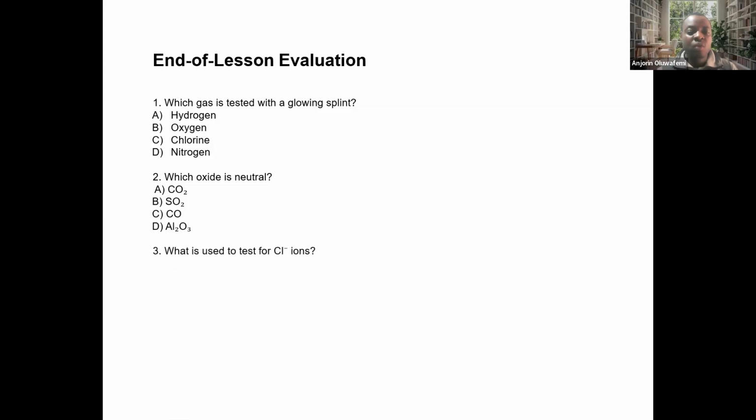What is used to test for chlorine ion? We can use AgNO3, HCl, sodium hydroxide, or lead nitrate. Which of them is used to test chlorine ion? Pick one and let me know what you feel the right answer is in the comment section.